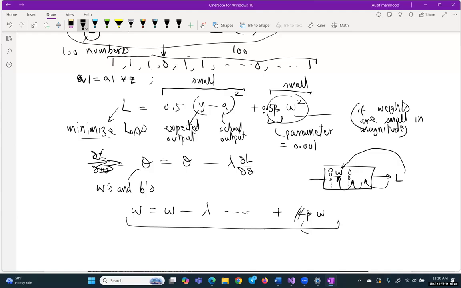Then beta is a constant, for example, 0.001. As we do the weight updates, you will see this will keep getting added to the weight update. So if you go back to assignment number 3, you'll see why we were adding this small term over there. Because the whole idea was we want to minimize the loss.